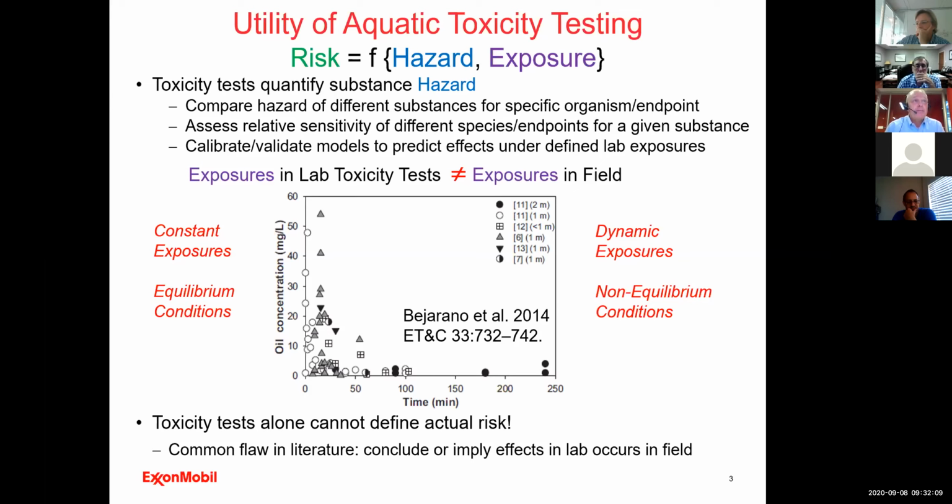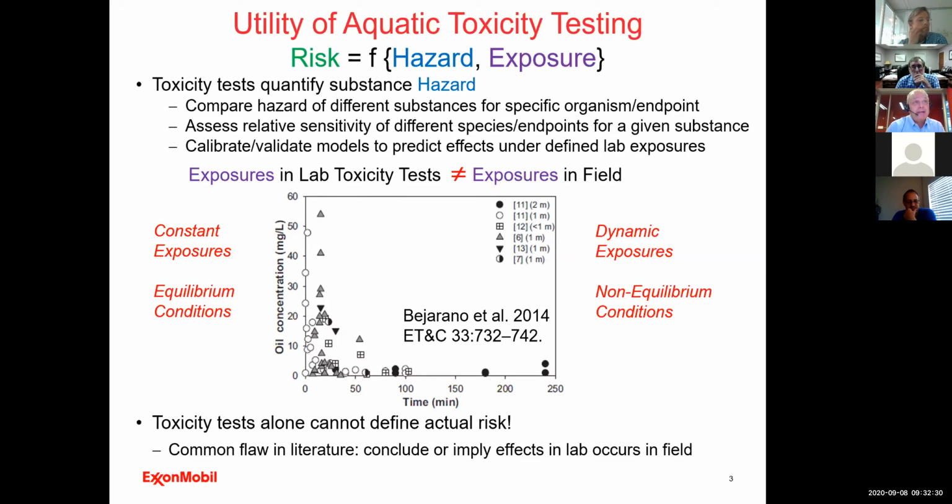And a third reason, which I'll pick up on later in my presentation, is to calibrate and validate models to predict effects under defined lab exposures, so that one can then take those models and make projections about effects under different exposures.